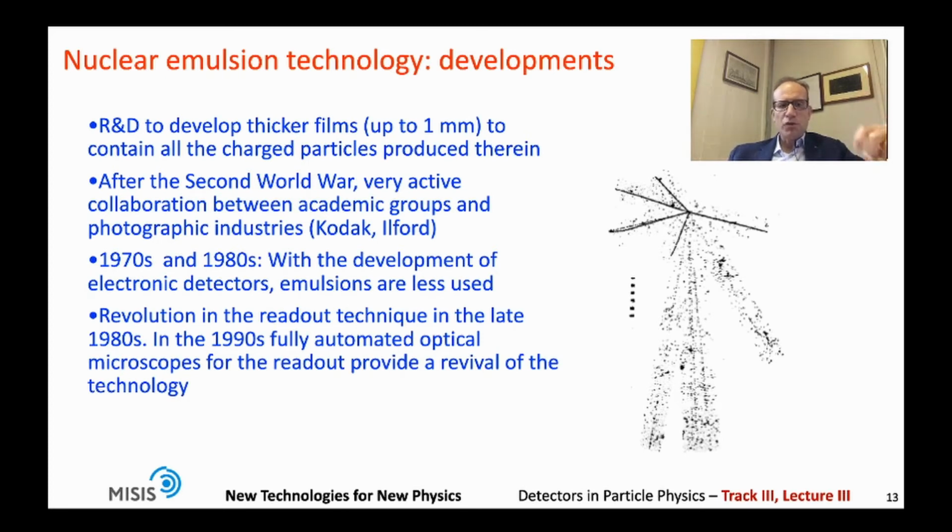But there was a revolution in the readout technology in the late 80s, and in particular in the 90s there was a fully automated optical microscope for the readout of the films, which really made a revival of the technology. And nowadays we have extremely fast scanning systems. So this is really a new era of the nuclear emulsion film application.